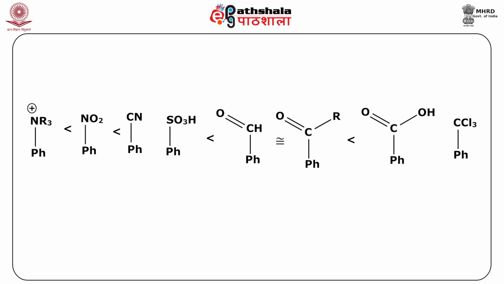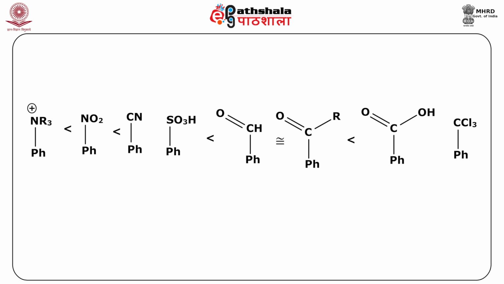So, for the deactivating meta directing groups discussed here, the effect in the decreasing order will be, as you can see here: first the NR3+, that is with the N and the positive charge, then the nitro, then the cyano, then the sulfonic acid.